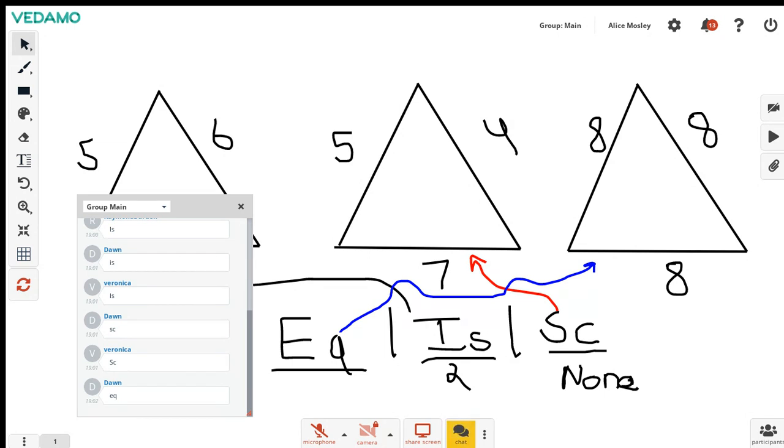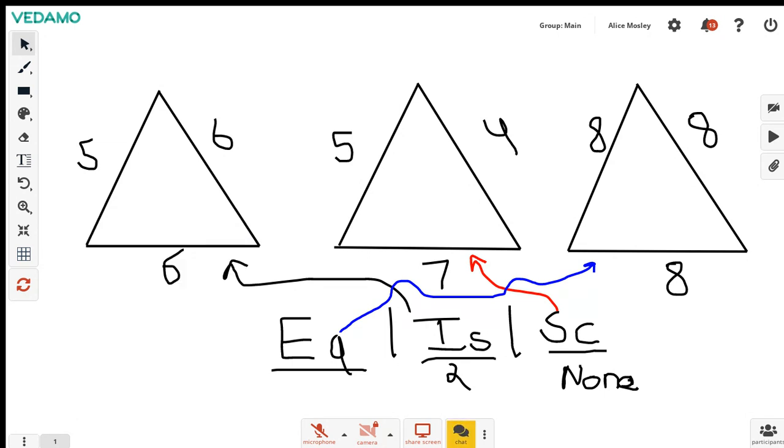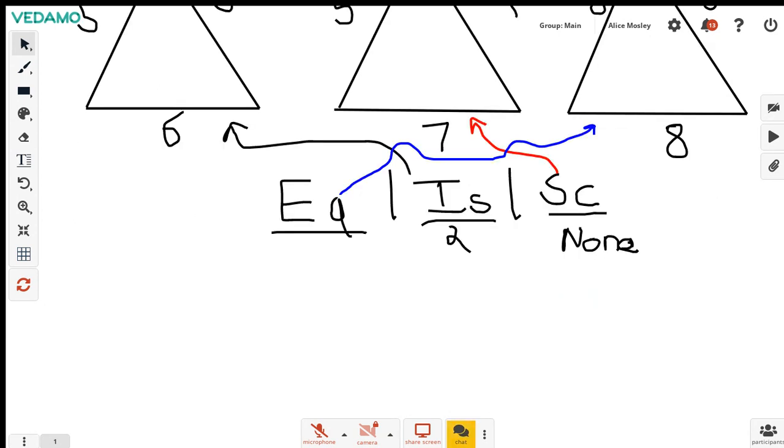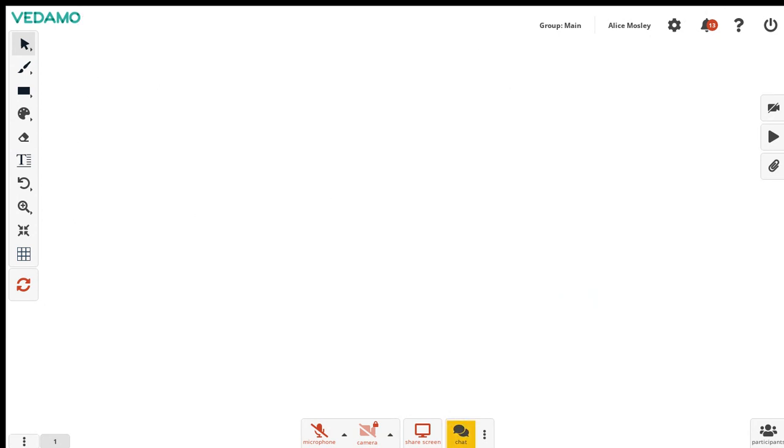Yes, everyone is correct. So these are the three types of triangle. Now I'll write the spellings for you to write. Equilateral.